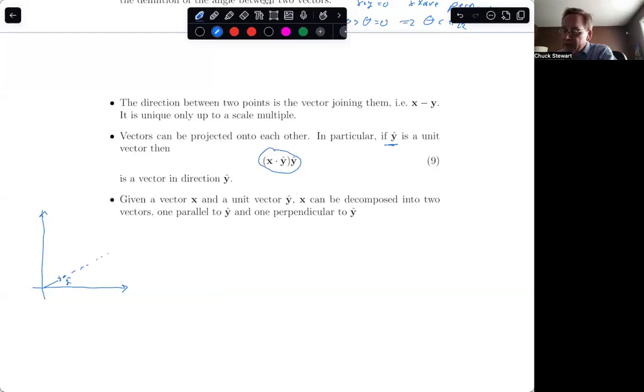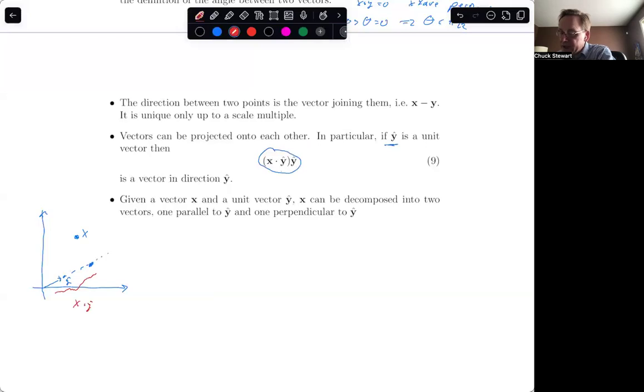If that's y hat, and that is x, then this distance is x dot y hat.